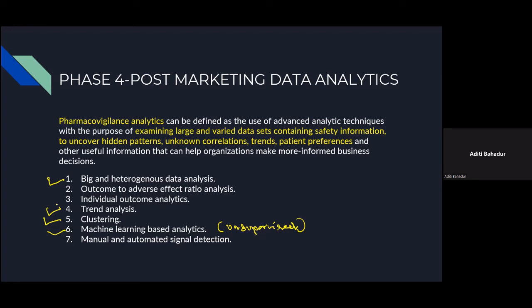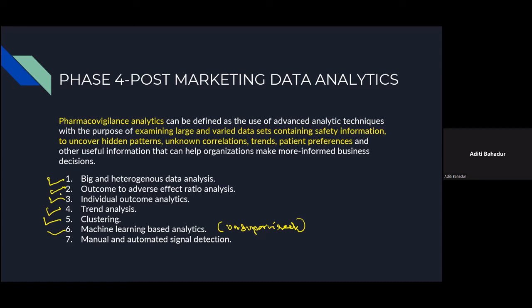Now, here one can also do outcomes to adverse event ratio analysis. This is the same as understanding why a certain adverse effect has occurred, where it has occurred, what the outcomes are, and what the ratio is in a certain population. And that can be taken as individual data as well.